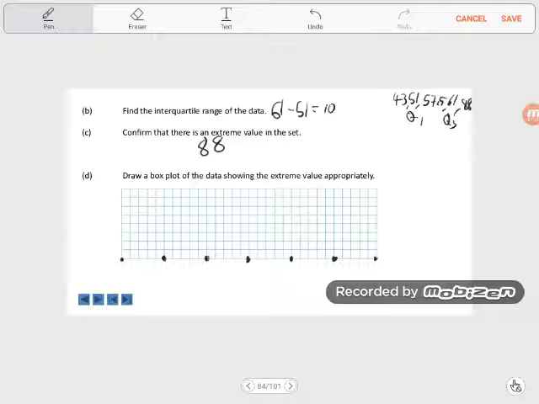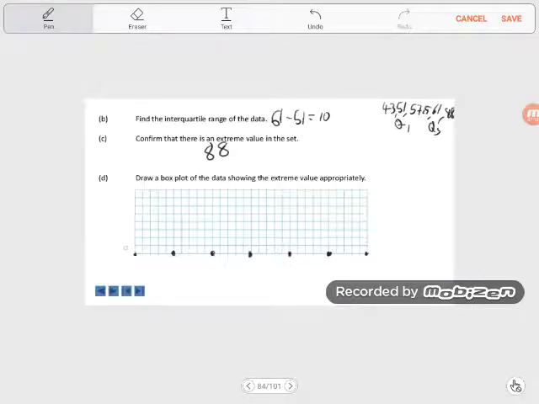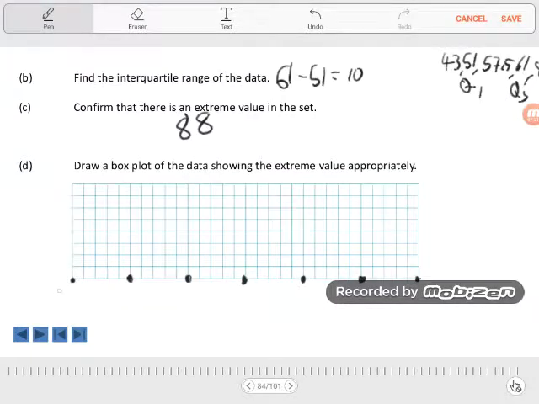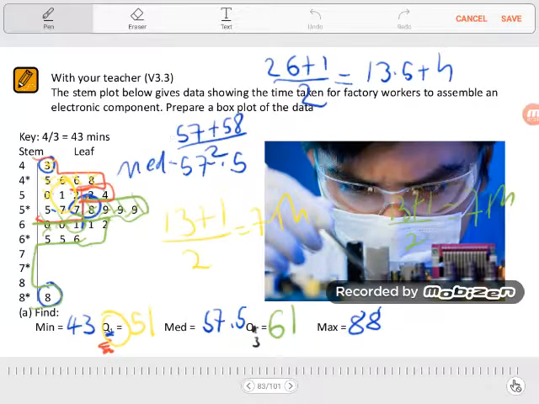Okay, so let's see. We start down near 40 up to around about 90. So 40, 50, and we're measuring, of course, the time taken to assemble an electronic component.